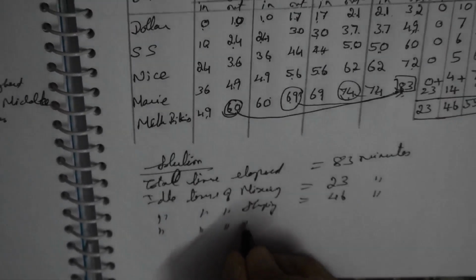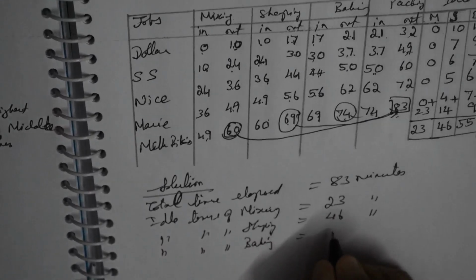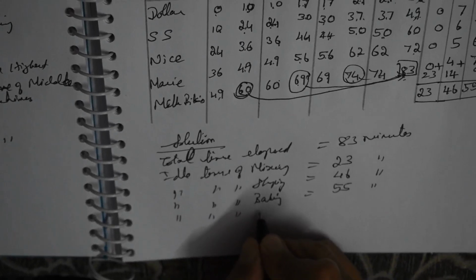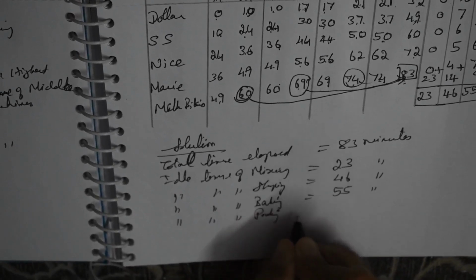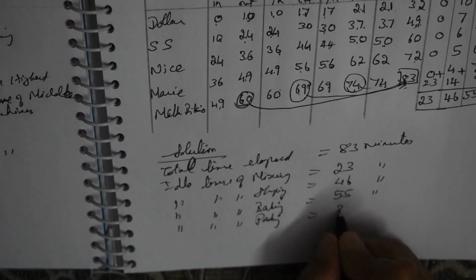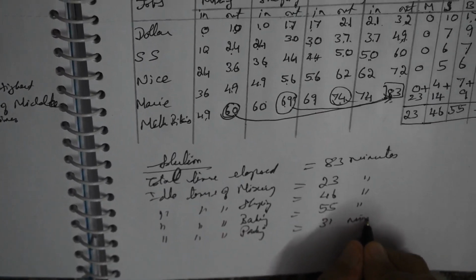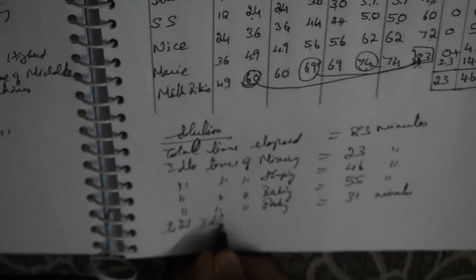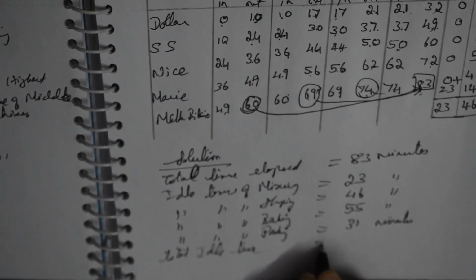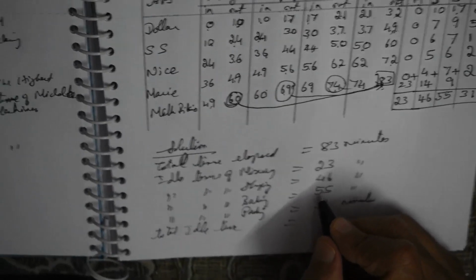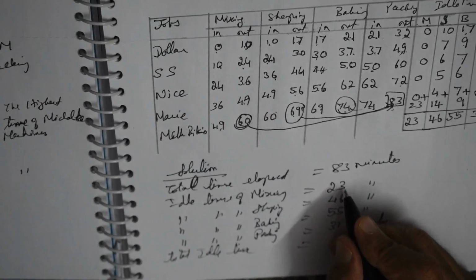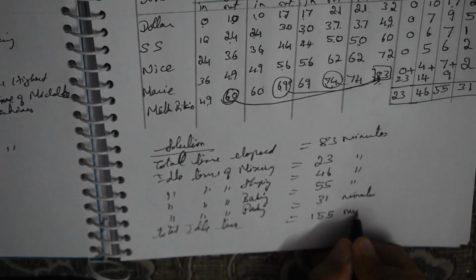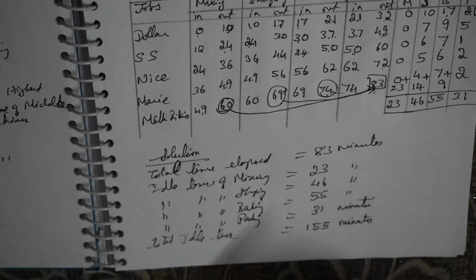Idle time of baking is equal to 55 minutes. And idle time of packing is equal to 31 minutes. Finally, total idle time is equal to 155 minutes. Thank you.